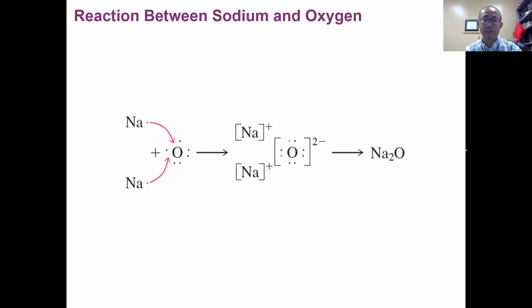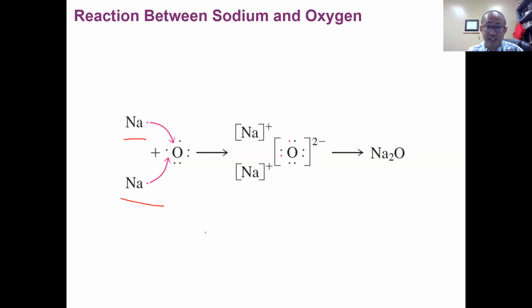And take a look at another example. Here is the formation of a compound between sodium and oxygen. Okay, we know oxygen has 6 valence electrons, group 6 element. Sodium only has 1. So in order for oxygen to gain 2 electrons to become 8, you need what? You need 2 sodium. So that's why I draw 2 sodium here.